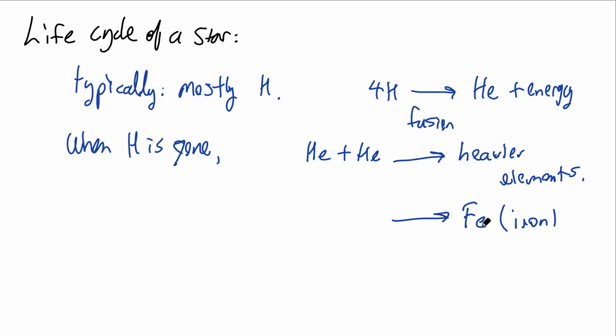You'll recall iron has the largest binding energy per nucleon of any element, so it's not possible to fuse together iron atoms and have a release of energy. So as the star continues this fusion process in its outer layers, a core of iron builds up on the inside, and that iron core continues to grow until it doesn't have enough thermal support to keep it from collapsing.